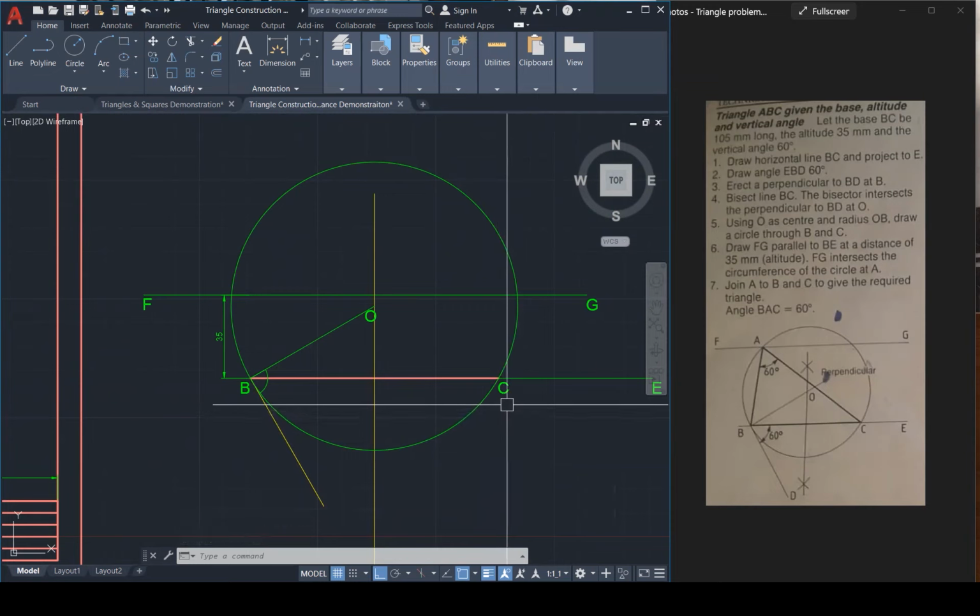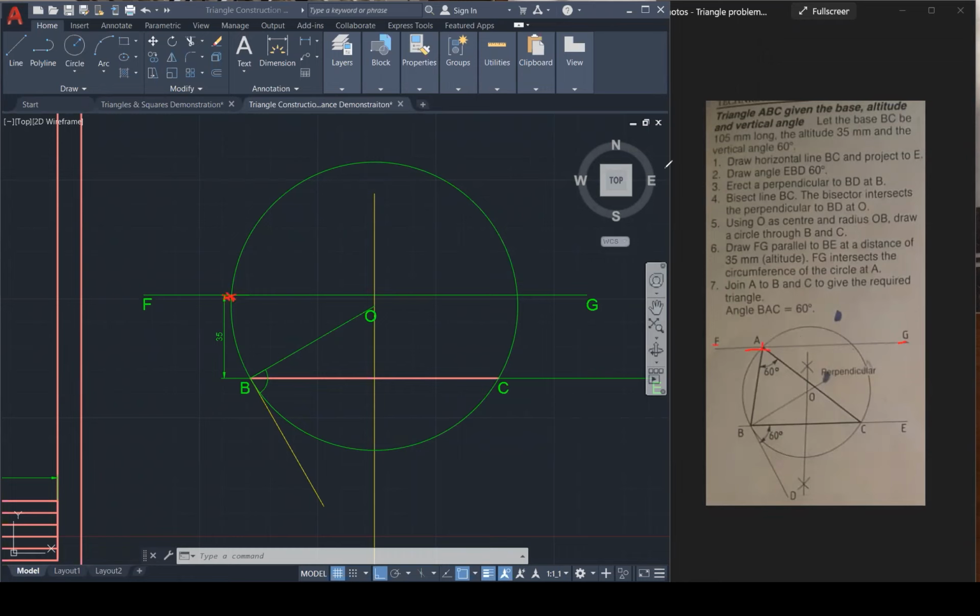Now, what is the next thing that I need to draw? All I had to know, really and truly, is that FG intersects the circle at this point. That's all I had to know.